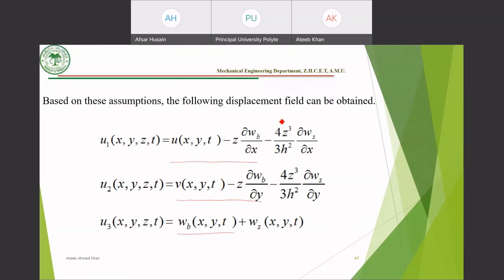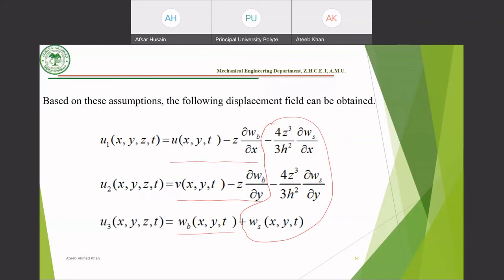Only addition are these parts, which the author is calling as shear components, and the shear components are chosen in a way where the shear stresses are becoming 0 at the top and bottom surfaces.